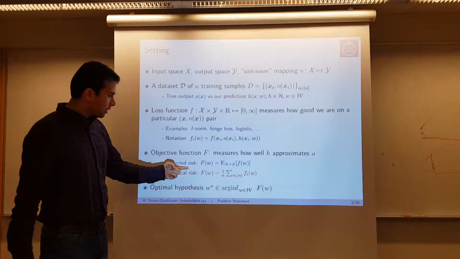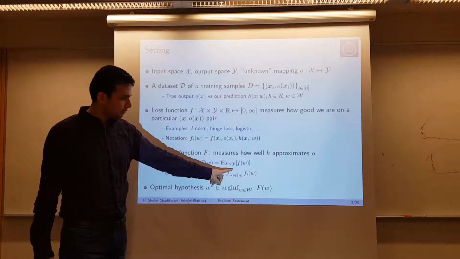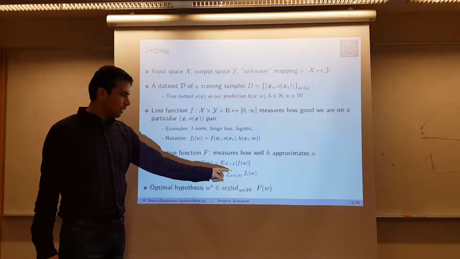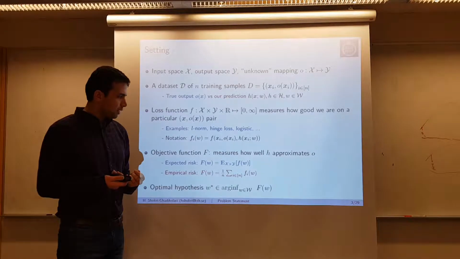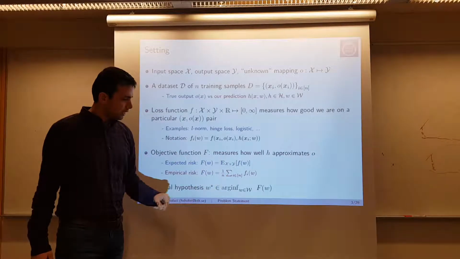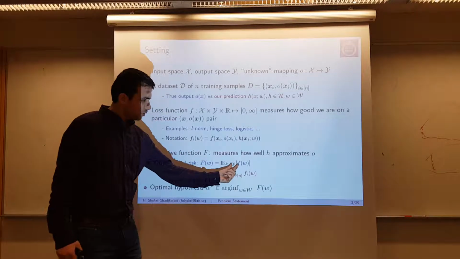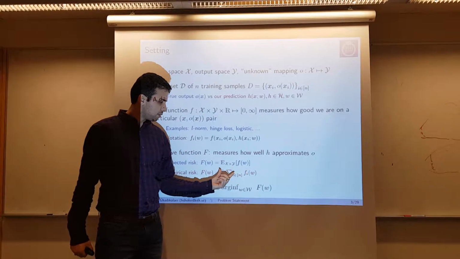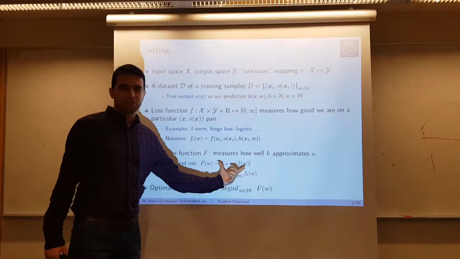Essentially, it says how good your approximation scheme is. Some examples: expected risk could be the expectation over the product space of X and Y of f of w. Now here you are assuming that the samples are coming with some probability measure defined on X and Y, and this is the error that you do have on a particular sample. So there is some x here underlying, of course, and then this is the average of the error.